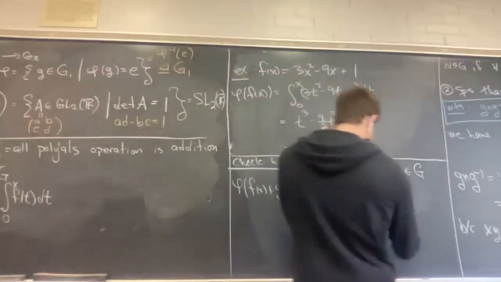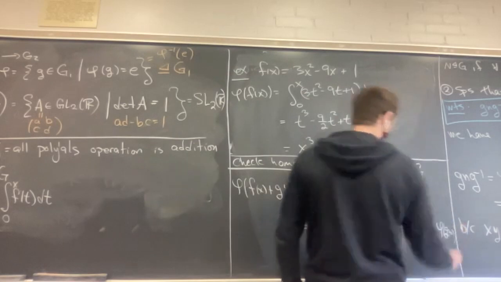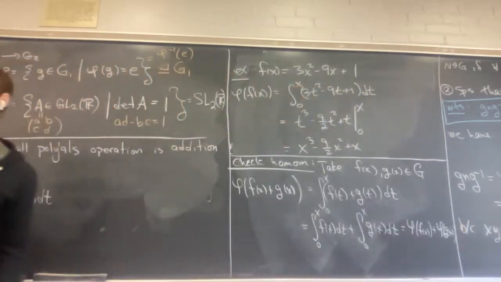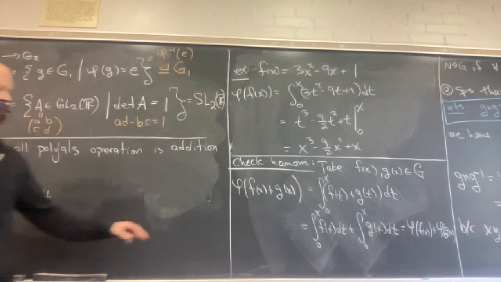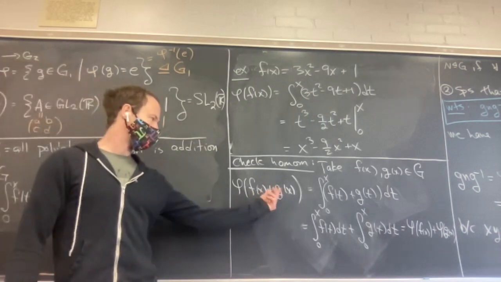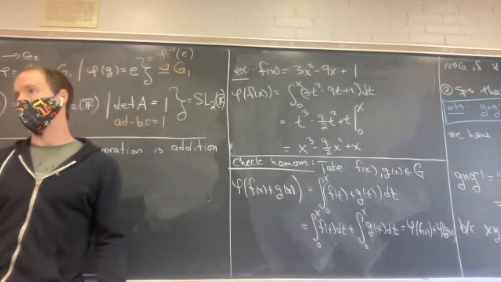But now that's just phi of f of x plus phi of g of x by our definition of phi. So note, look what we did. Phi is going from G to G, so that means addition is the operation on both sides, which is good. This thing factored across the operation properly, right?